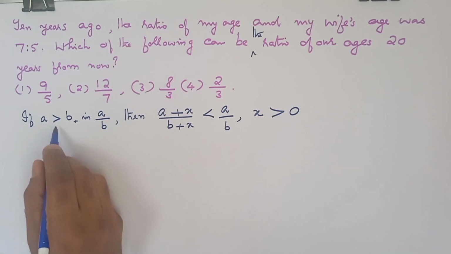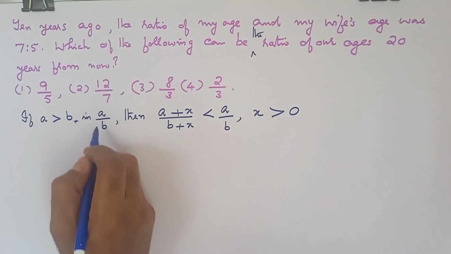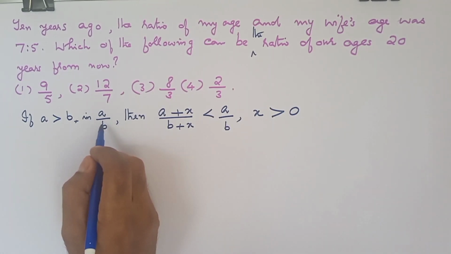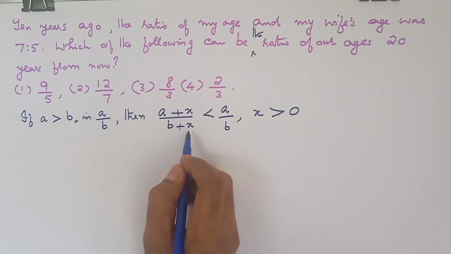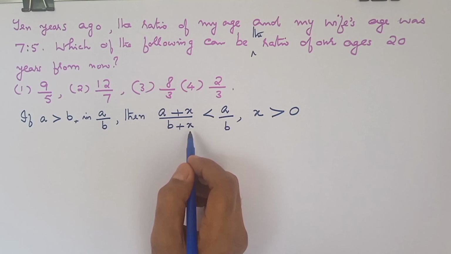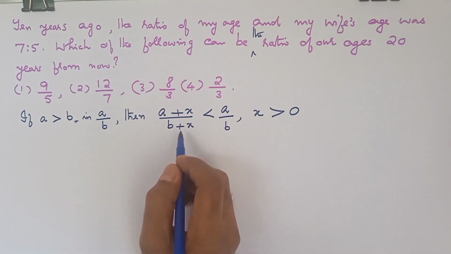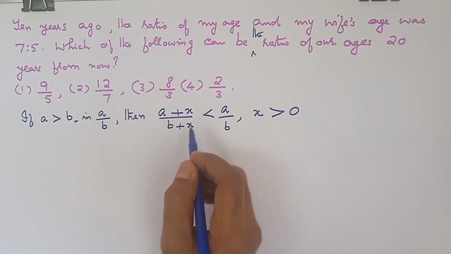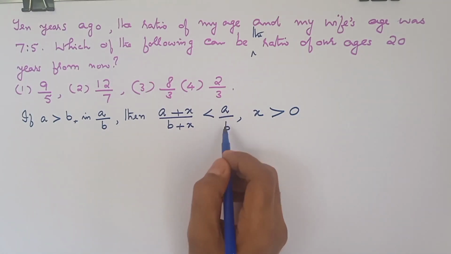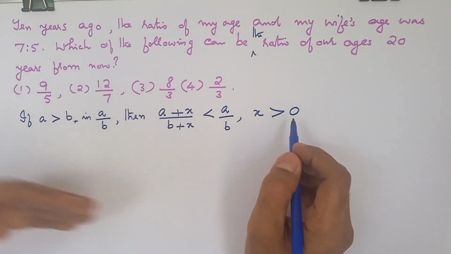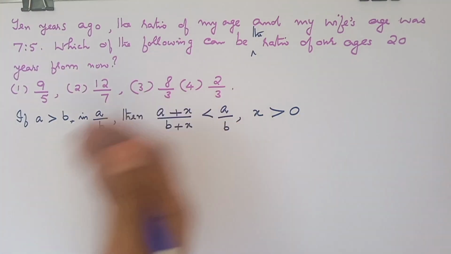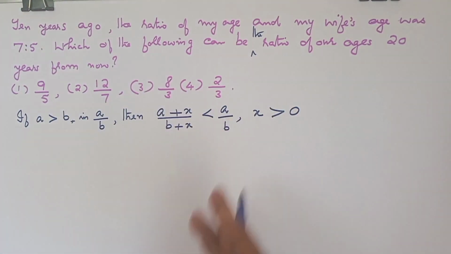If A is greater than B in A by B, which means if you take a fraction whose numerator is bigger, and if you add the same number to both the numerator and the denominator, the resulting value of the fraction will be less than the original fraction you started with. Here x means any positive number. This result will help you follow the solution much better.